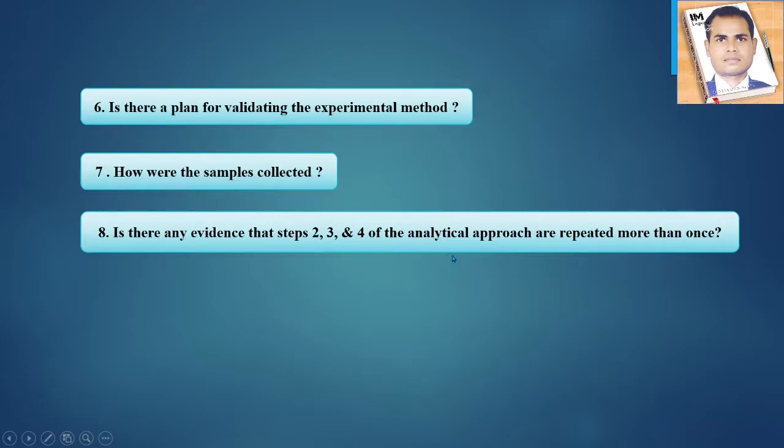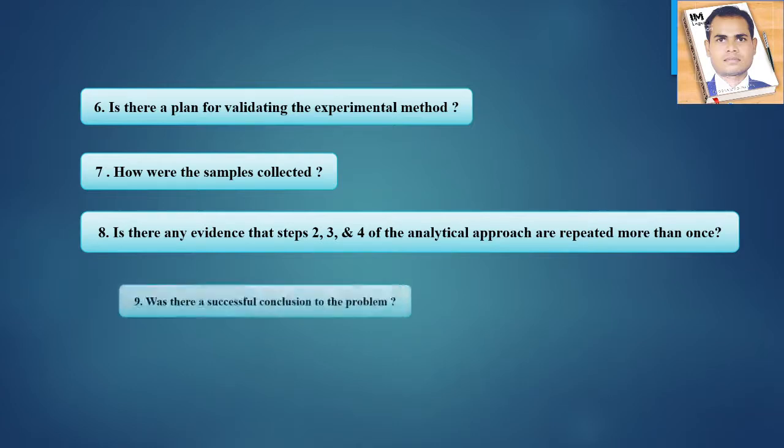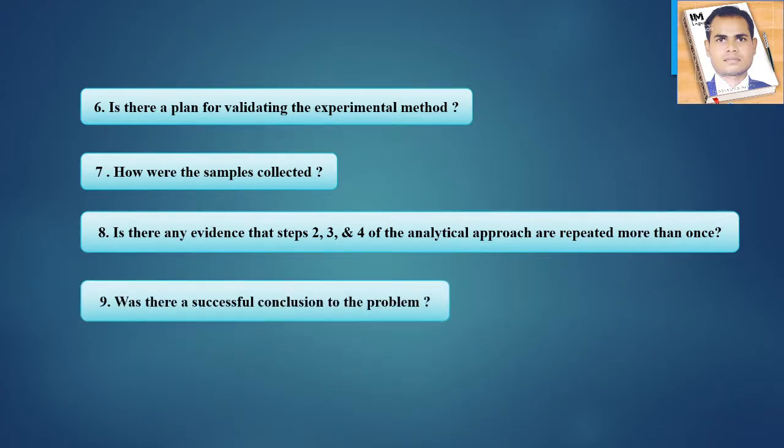That we have to see. We have seen steps 2, 3, 4, so the information is already there, and we have to look at those steps. The next is, was there a successful conclusion to the problem? After performing the experiment, we have to see whether there is a successful conclusion to the problem or not.